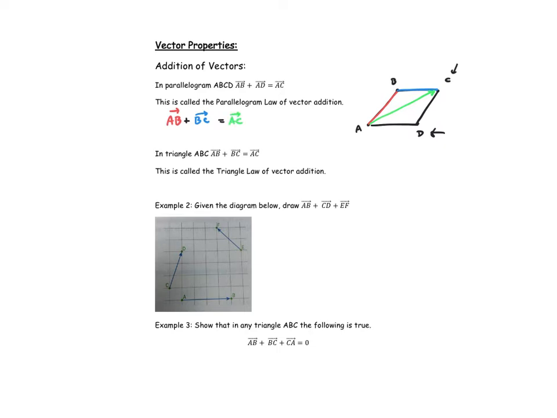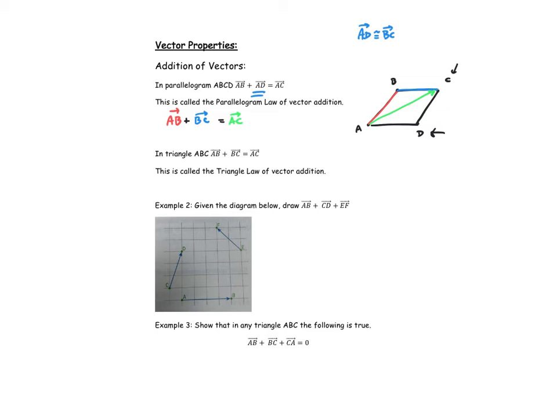Now, you can see that I've got noted A to D here. Okay, so A to D is actually equivalent to B to C, because this is a parallelogram. All right, this vector BC. Essentially what I'm doing is taking this vector AD, shifting it up, and it becomes BC.